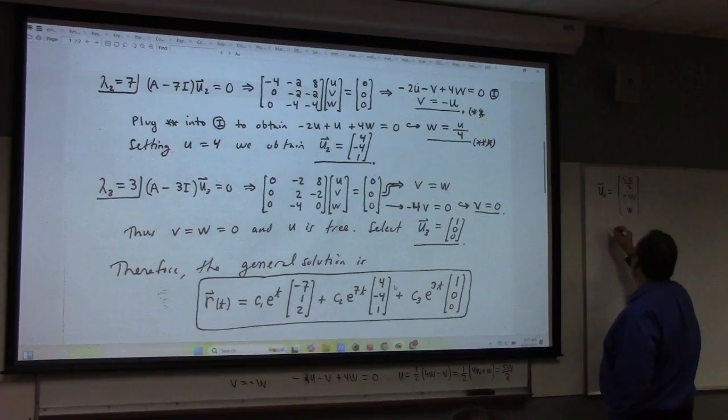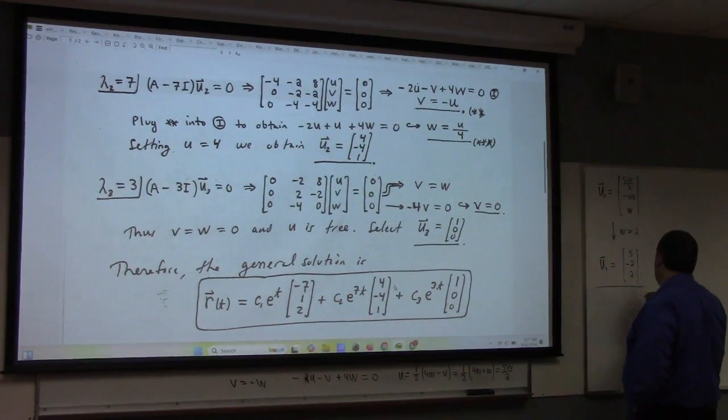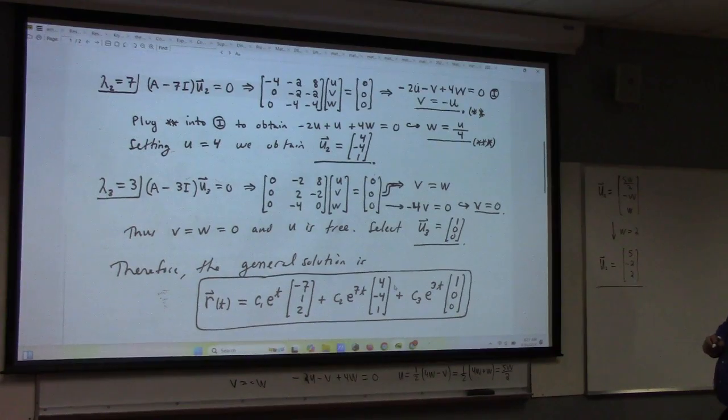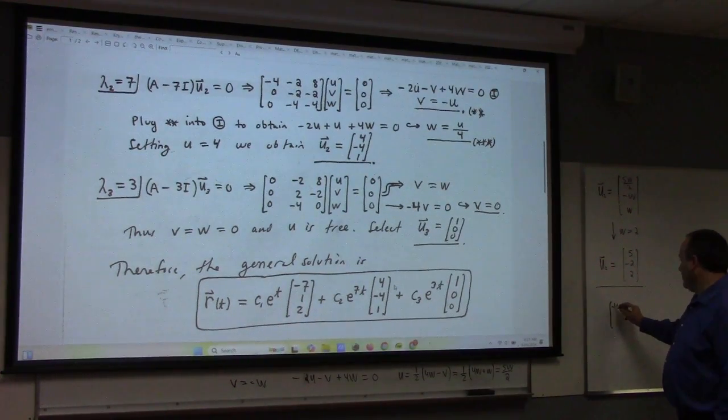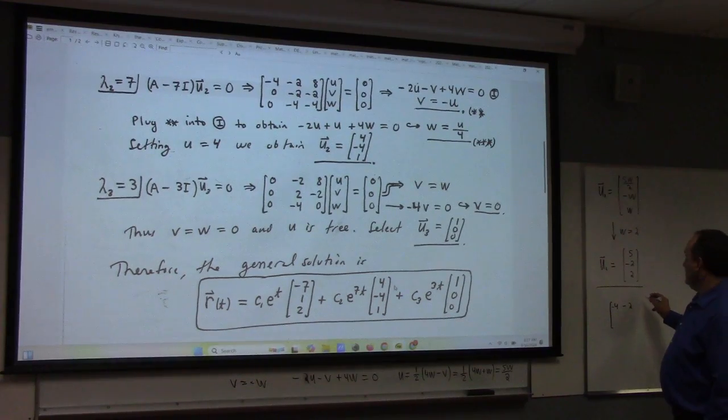So I'm going to put w equals 2. u2 equal to 5 minus 2, 2. Let's see here. Does that work? Or have I made another mistake this morning? 4 minus 4 minus 2, 8.